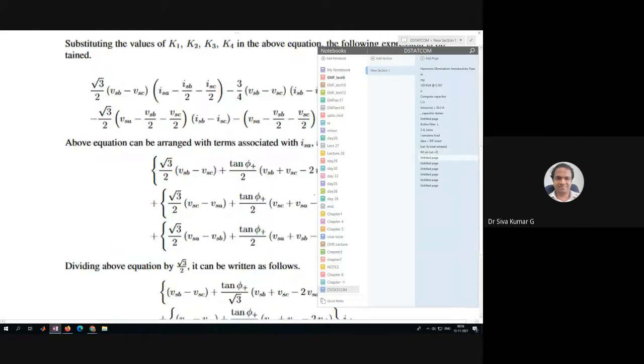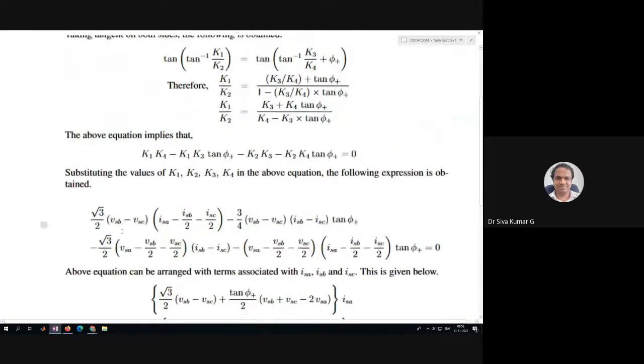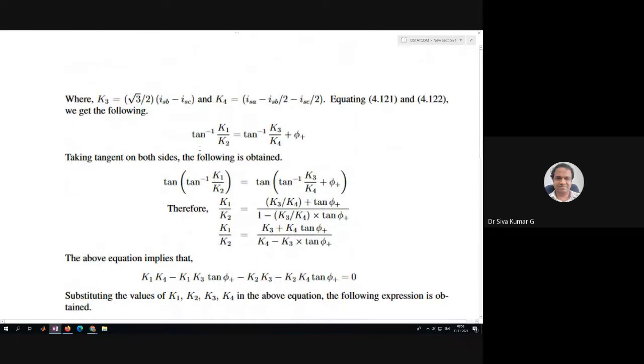Then here is the equation, tan inverse of K1 by K2 and so on. We are applying the tan over both the sides. Then we can make out this as K1 by K2, and this is tan alpha plus tan beta, which we can write as tan alpha plus tan beta by 1 minus tan alpha into tan beta.